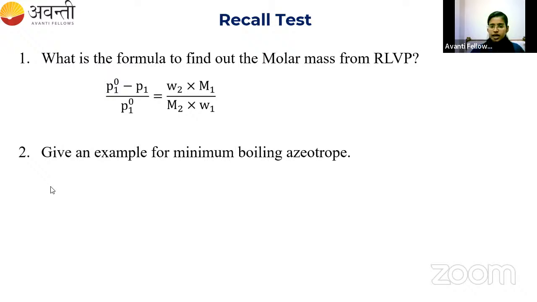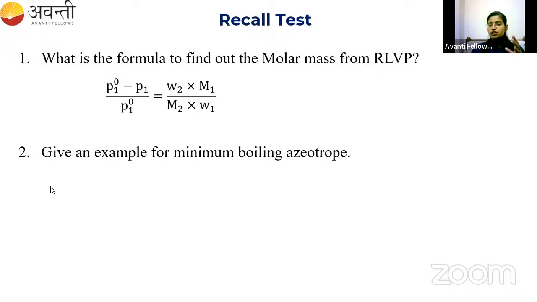Now, coming to the second question, give an example for minimum boiling azeotrope. What is an example we studied yesterday? Ethanol and water. Very good. Can you mention the percentage of ethanol and the percentage of water we discussed yesterday?